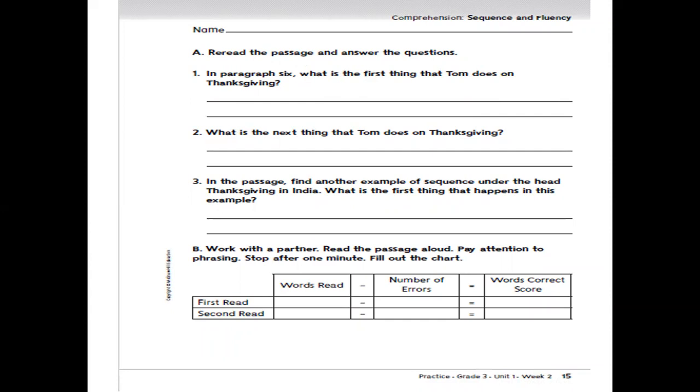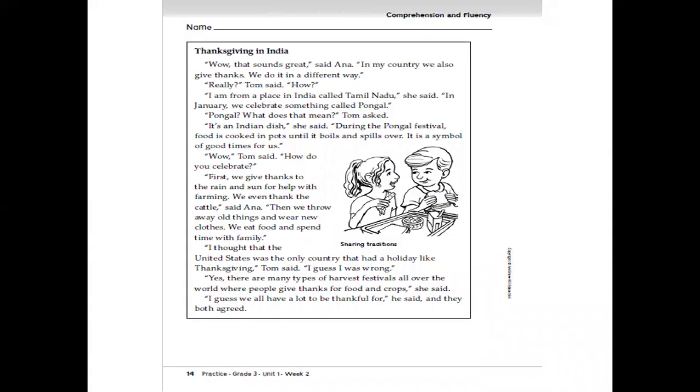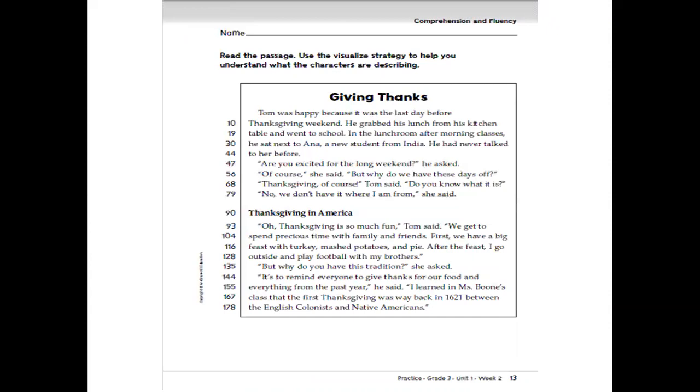In paragraph 6, what is the first thing that Tom does on Thanksgiving? Let's open the first page. It says in paragraph 6, what did he do first? So here we have first. So what did he do?